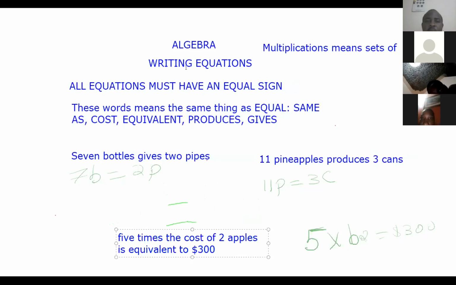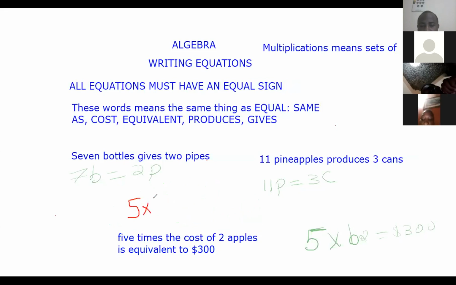Okay, so let's do this one together. I know it might be a harder one. Devonique, don't write there. I'm going to write in that space. So we write 5, we're going to multiply, right? So the 5 times the cost, which can be P. So 5 multiplied by what?